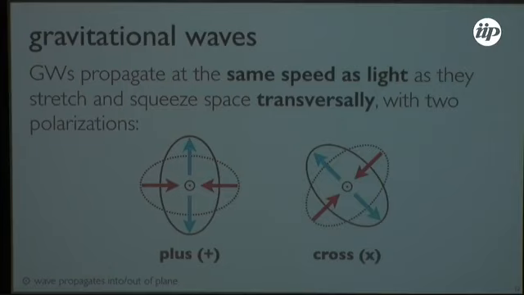In gravitational waves, the two polarizations will be stretching and squeezing, let's say, along the vertical and horizontal axes. That's what we call the plus polarization. Then we have the cross polarization, which is the same effect, but rotated by 45 degrees. And you see the quadrupolar nature of this effect, which has deep implications.